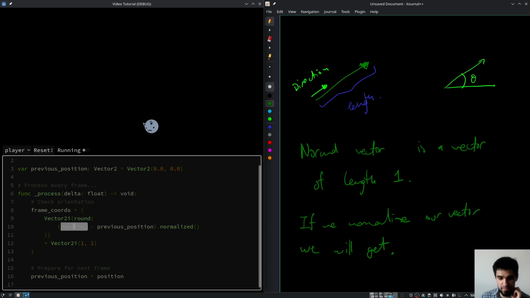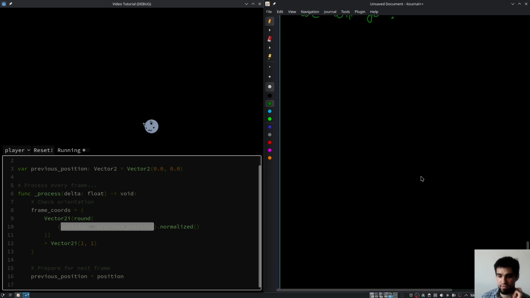It's checking what the position minus the previous position is, and that's telling it what speed it is moving at. But this speed is going to be very small. It's moving like 1 pixel every frame, for example, or it might be moving a lot. And so it's going to say, well, just normalize that into something we can work with that is of standard length.